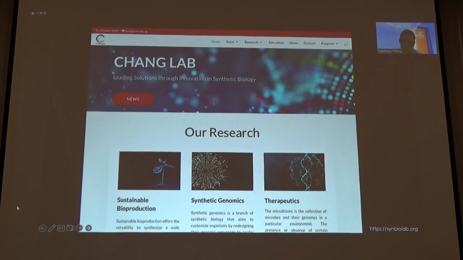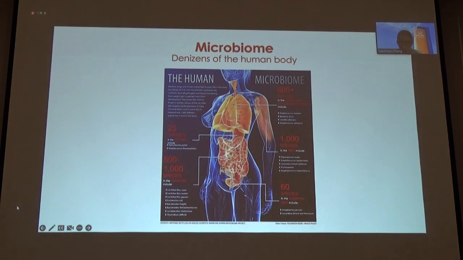Another application that we're interested in is using microbes for human disease treatment and prevention. In this area, we're interested in transforming some of the microbes that live in our body into live therapeutics. As all of you know, our body is full of microbes.